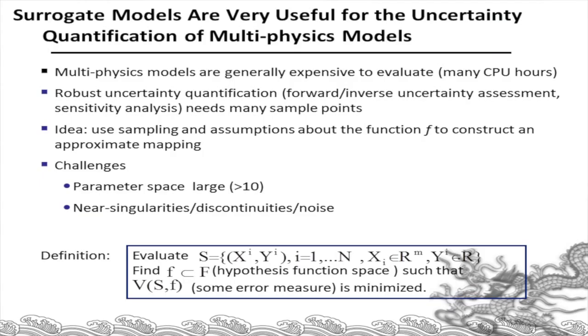Surrogate models are very, very useful when we look at complicated models. The idea is using a sampling approach and an assumption about the function f to construct this kind of approximate mapping.